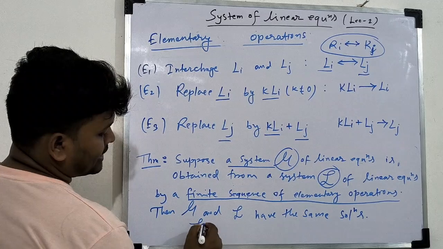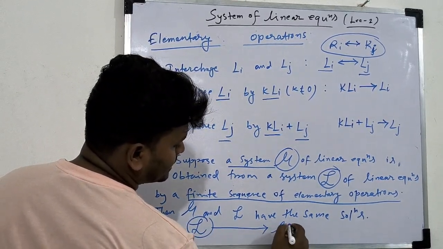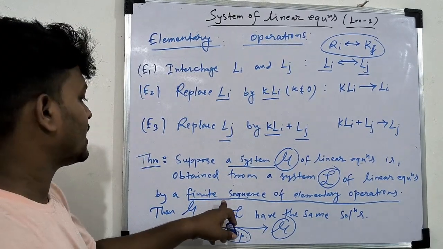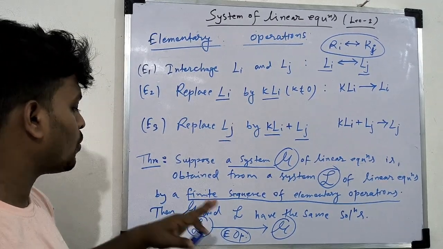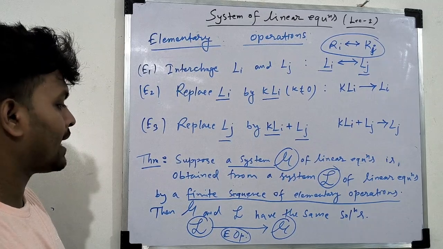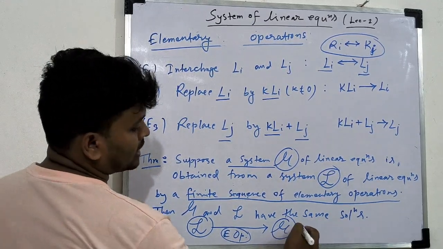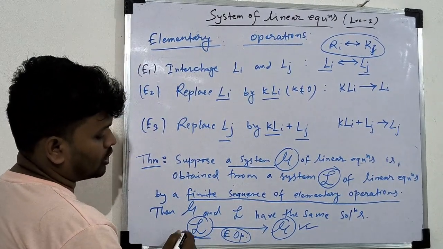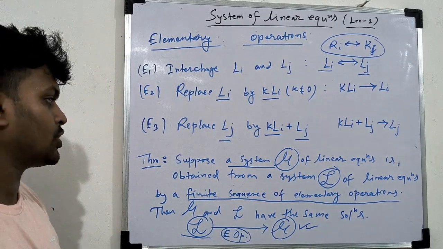So given a system of linear equations, we obtain a new system by applying a finite sequence of elementary operations. Finding the solution of the new system, we can say about the solution of the original system, because this theorem says these two systems have the same solution.